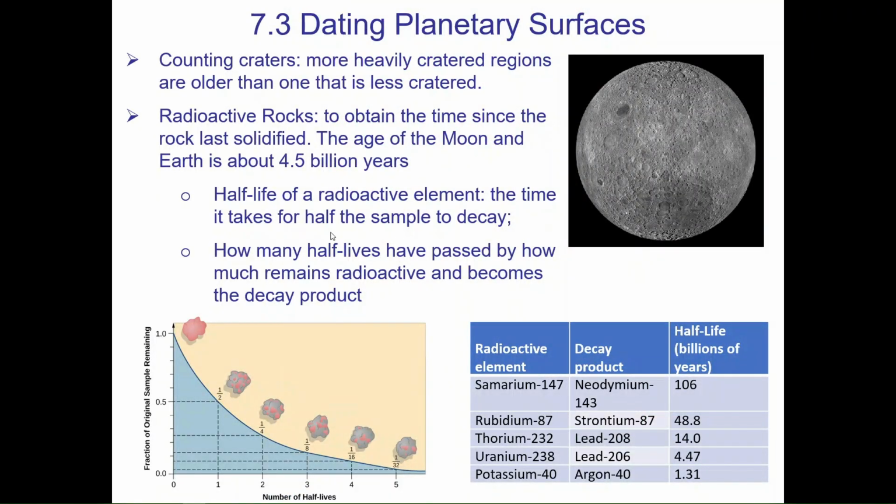Now let's take a look at how we can use half-life to actually date the planetary surface. We can basically measure the remaining percentage of the radioactive element, or we can measure the percentage of decay product.